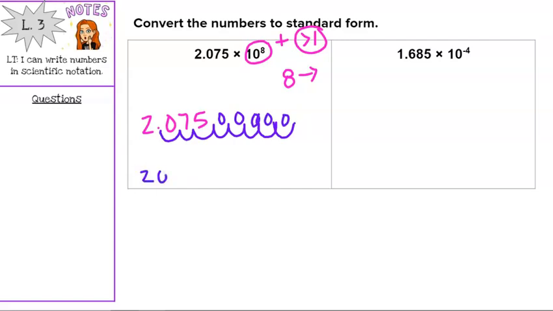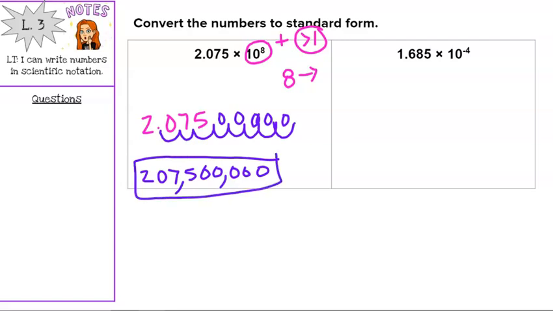Last step is to just rewrite it without all that extra stuff and add your commas. And that number is 207,500,000. Go ahead and try the next example and then resume the video when you're ready to do the exercise together.